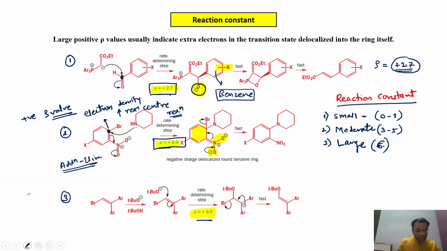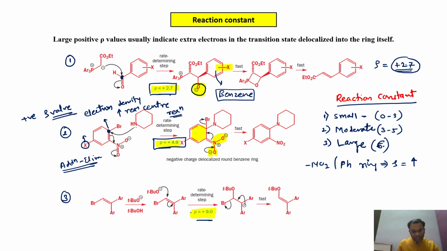In short, the negative charge is delocalized with the nitro group as well as with the aryl ring, and therefore the value of rho increases. Here the corresponding negative charge gets stabilized by this substituent.